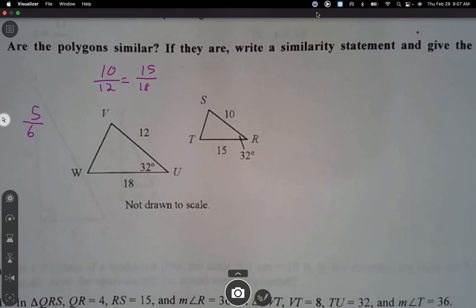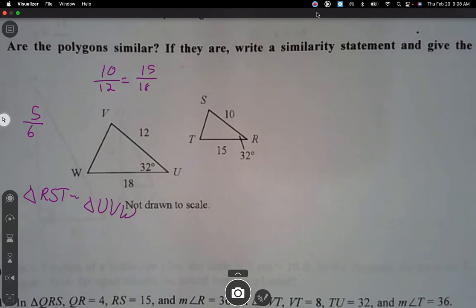All right, now the similarity statement, you're going to say triangle, we'll go with RST, is similar to triangle, go in the same order, UVW. Does that make sense, y'all? So that's it on that one. You write the similarity statement if they are similar, and then the scale factor.